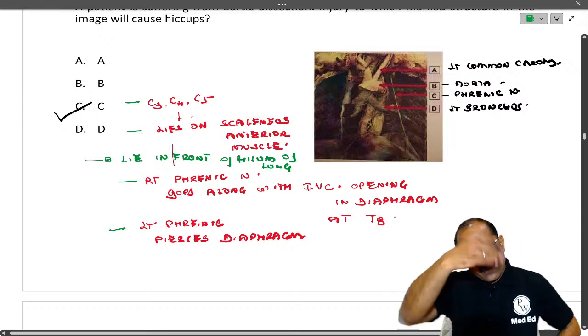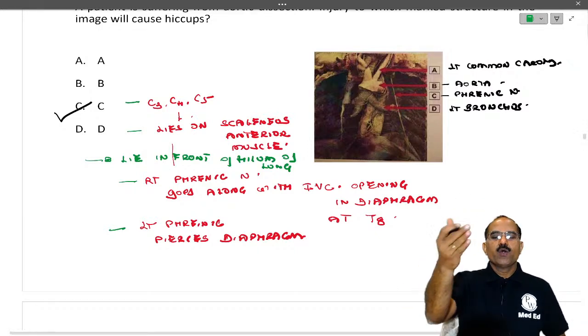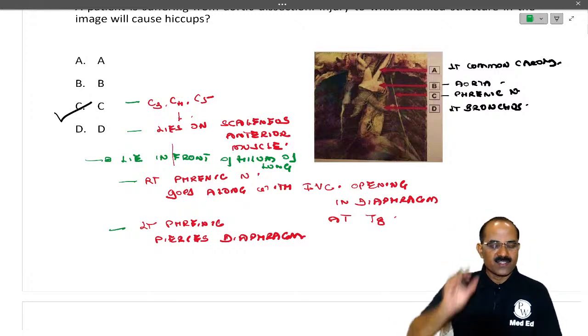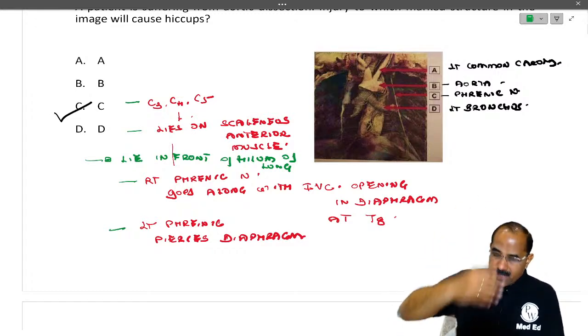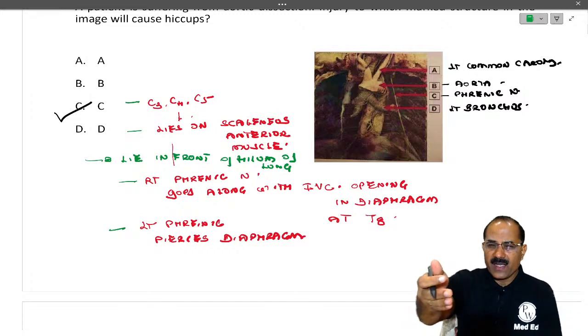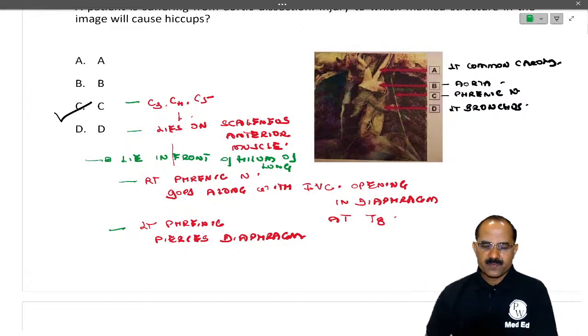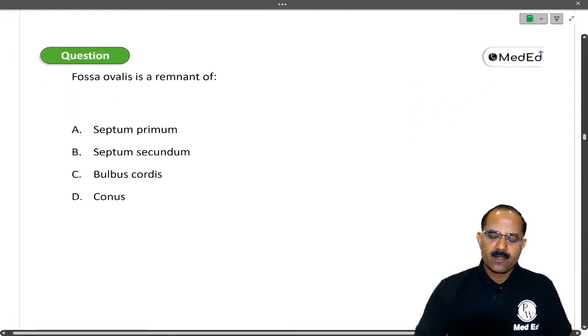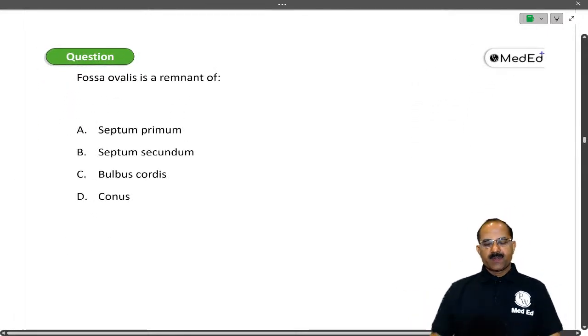So who lies in front of the hilum of the lung? The phrenic nerve. Who lies behind the hilum of the lung? Vagus. That's a very important MCQ, बच्चा. Behind the hilum, vagus. In front of the hilum, phrenic nerve. ठीक है? Very good.